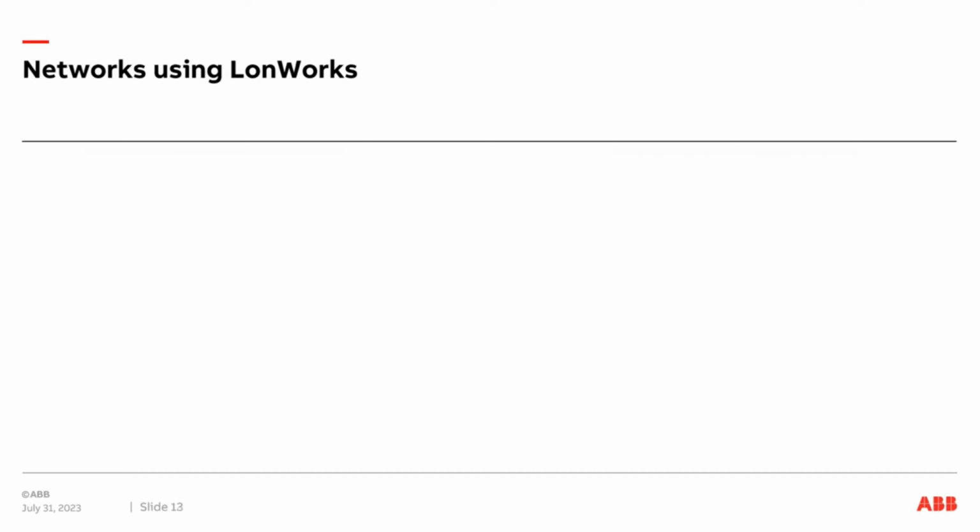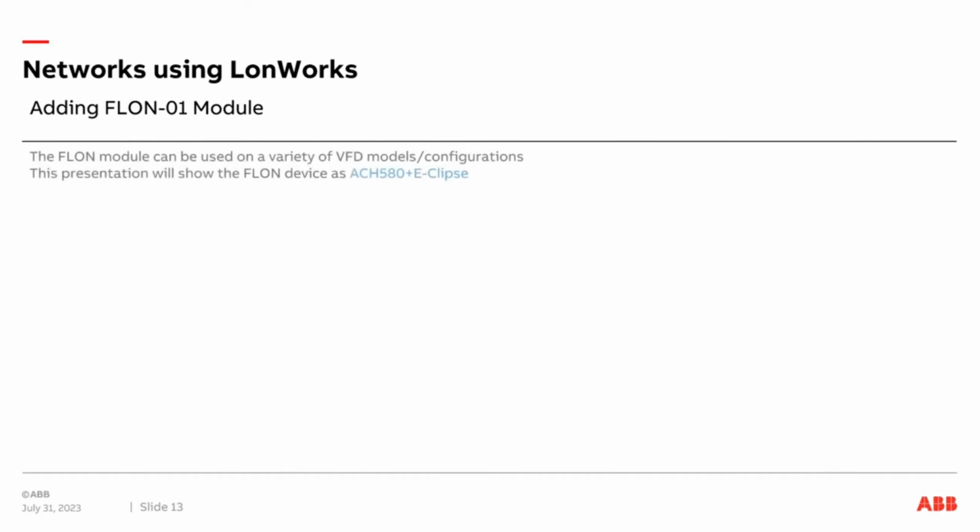At this point in creating our LAN network, the next logical step is to add a new device or a new node. I'll be adding the FLON 01 or LonWorks module to our network. To clarify that a little bit, the FLON module can be used on a variety of different VFD models and configurations.